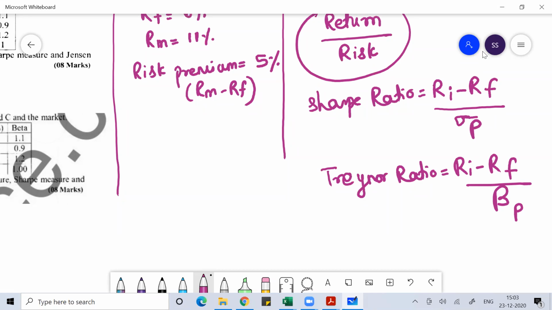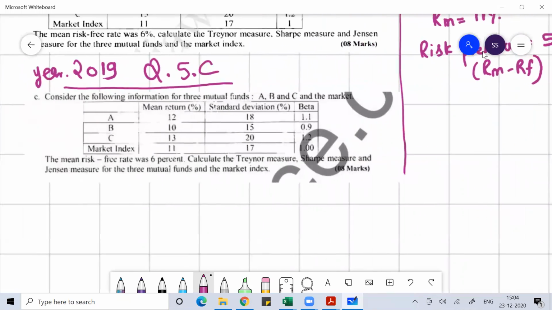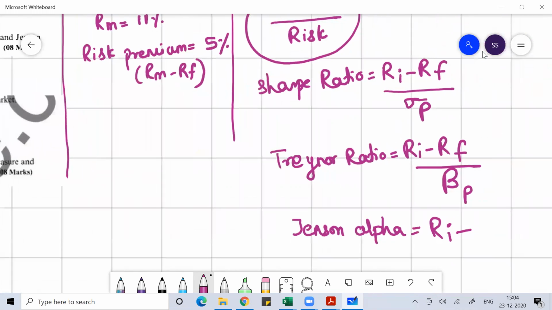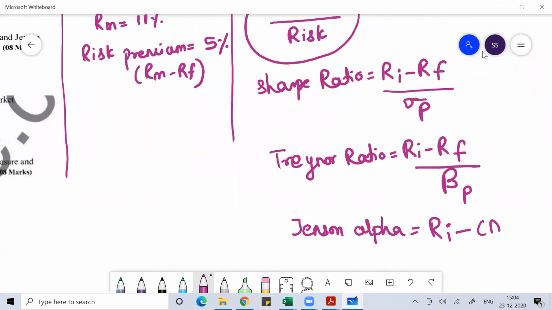The only difference is that beta talks about the systematic risk, while standard deviation talks about the unsystematic risk. Then the third thing, the Jensen measure or Jensen Alpha, is the return on the portfolio minus the CAPM return.